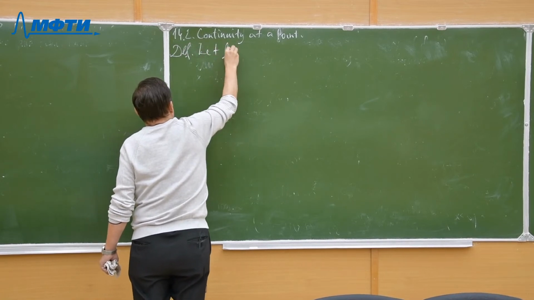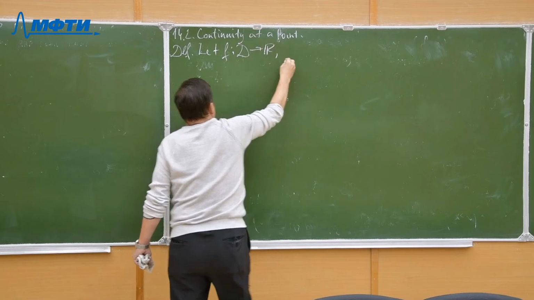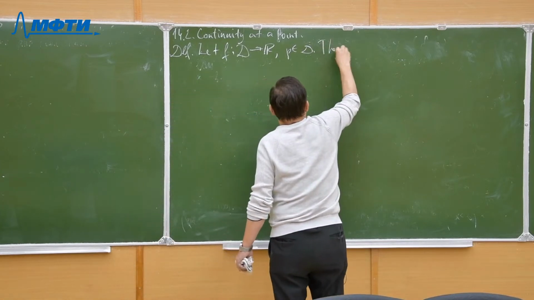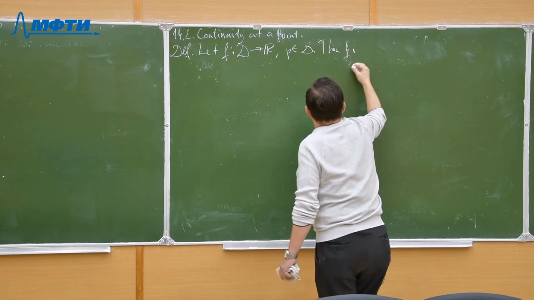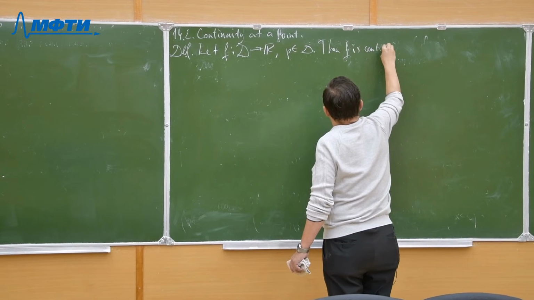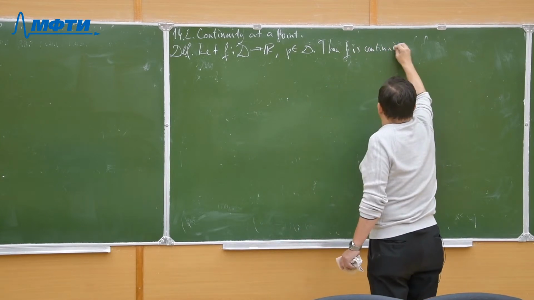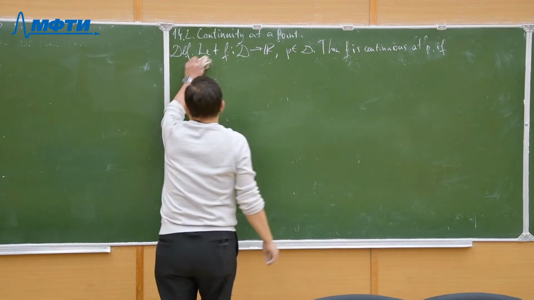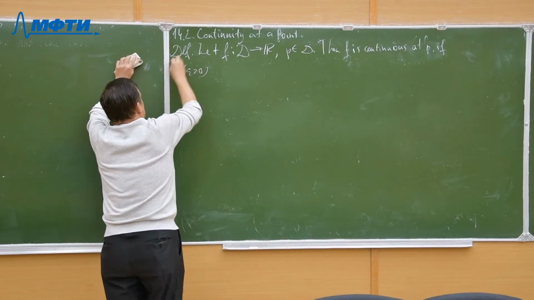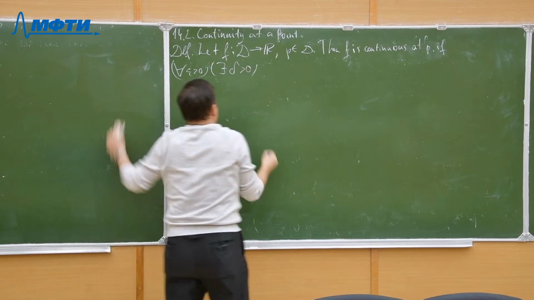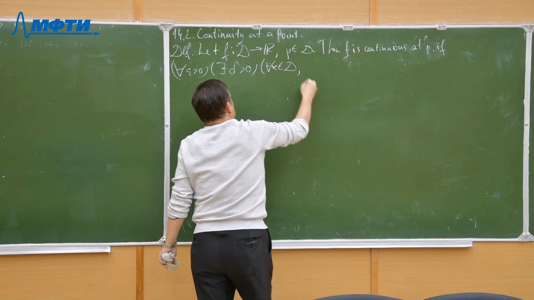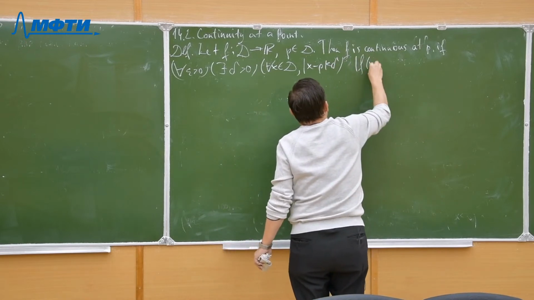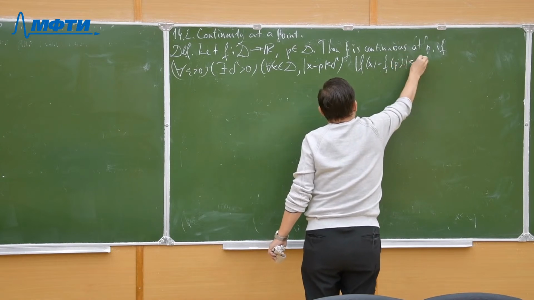Let f be defined on a set D, p belongs to D. Then f is continuous at p if for any epsilon greater than 0 there exists delta greater than 0 such that for all x in D which satisfy the inequality |x minus p| less than delta, we have the inequality |f of x minus f of p| less than epsilon.